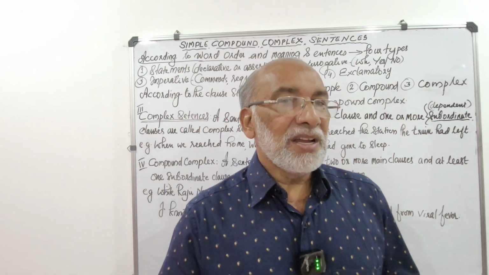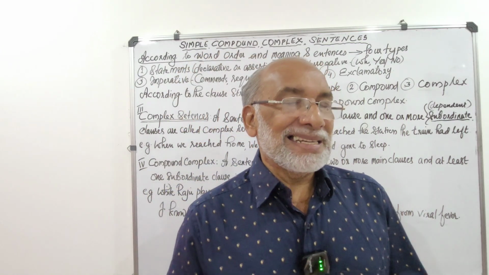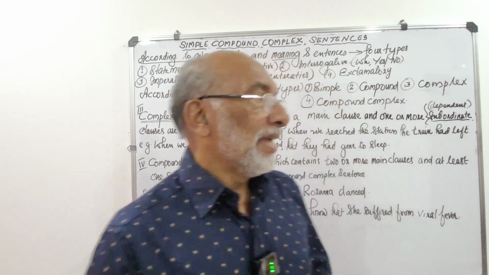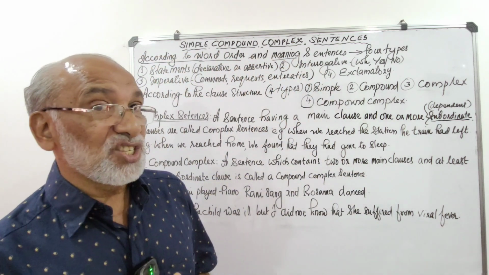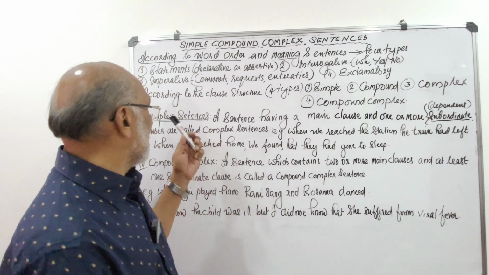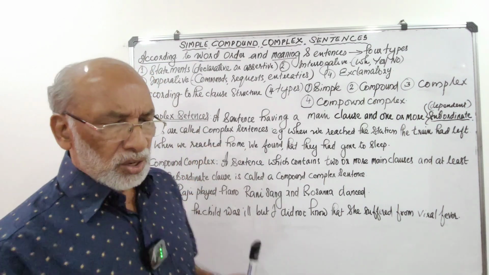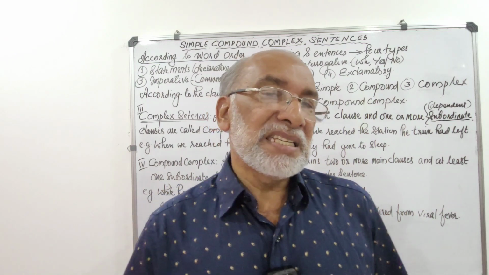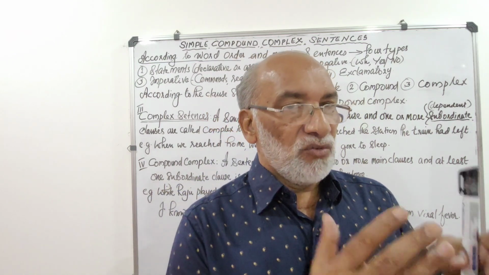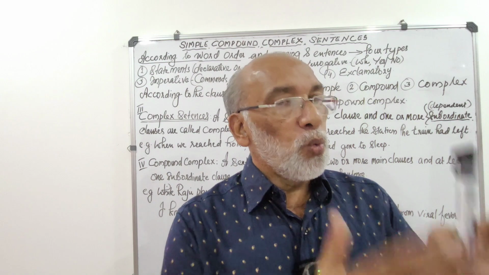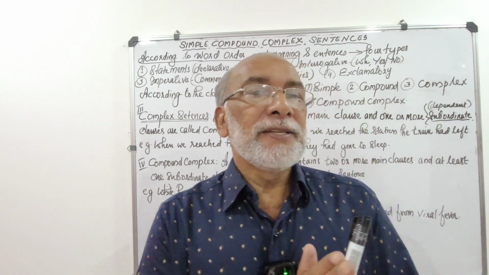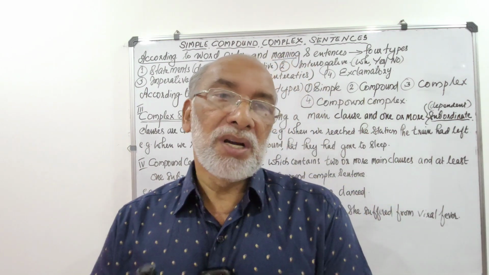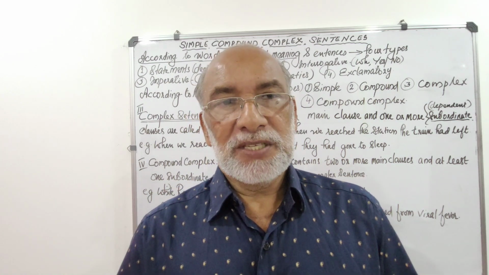Today, we are coming to the third category of sentence based on the clause structure, and that is complex sentences. What is actually a complex sentence? A complex sentence is one which has got one main clause and one or more subordinate clauses.